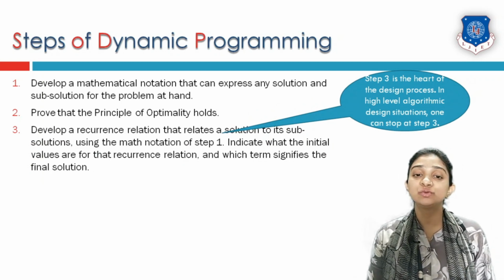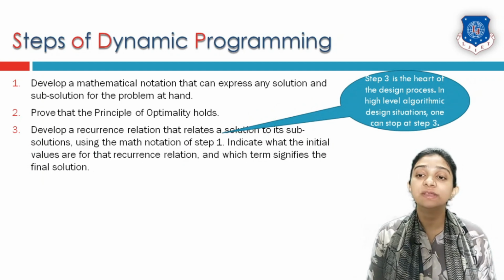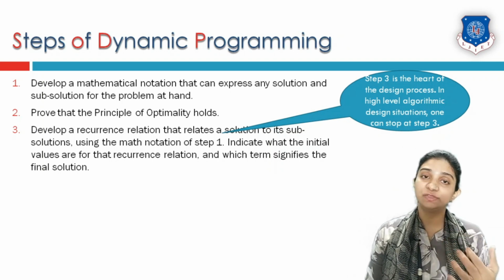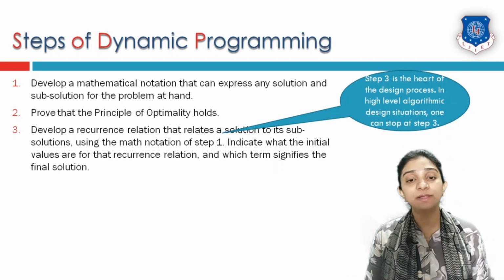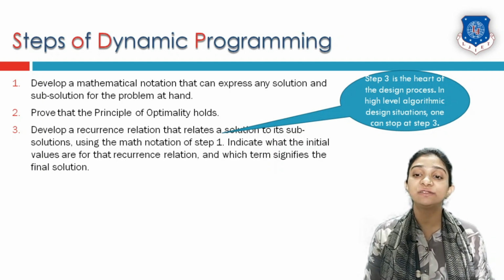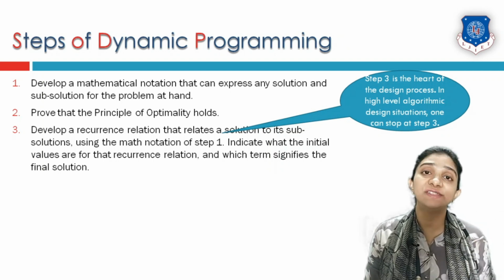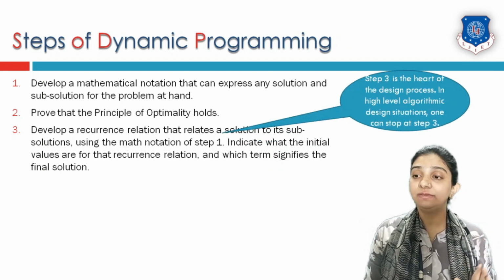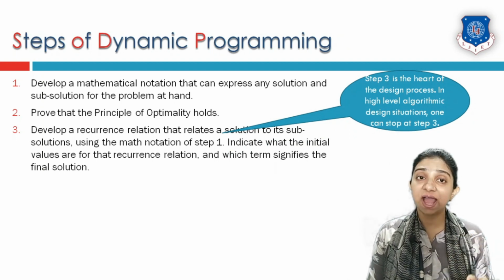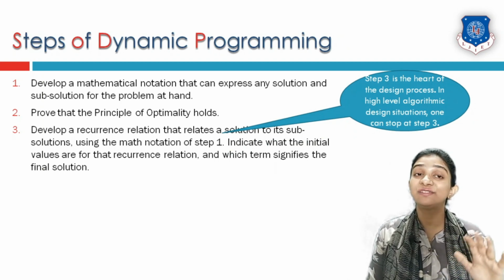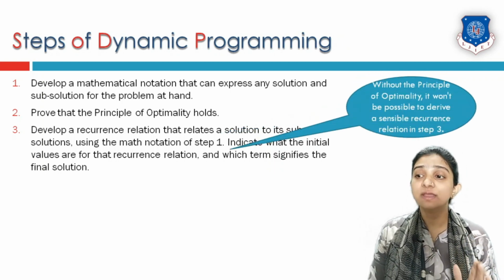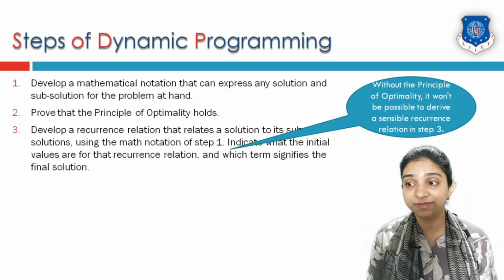The third step is to develop a recurrence relation which relates the solution of a sub-problem. Using the mathematical notation of step 1, it indicates initial values for the recurrence relation and signifies the final term. Step 3 is the heart of the design process, because in algorithmic design strategies one cannot proceed to step 3 without the principle of optimality.